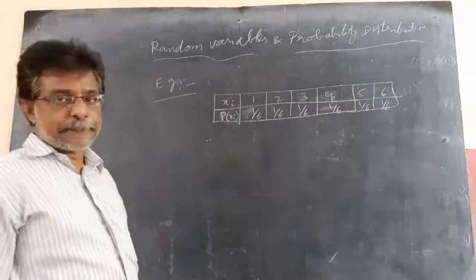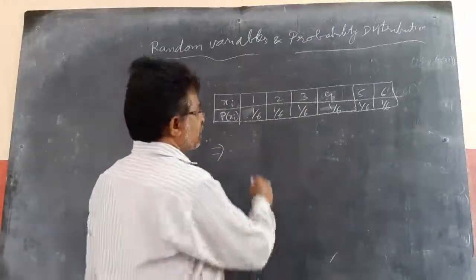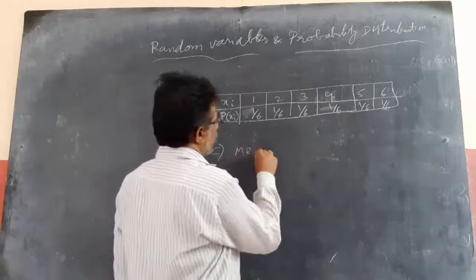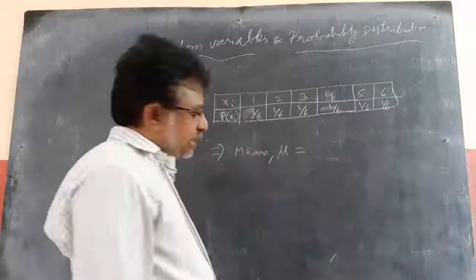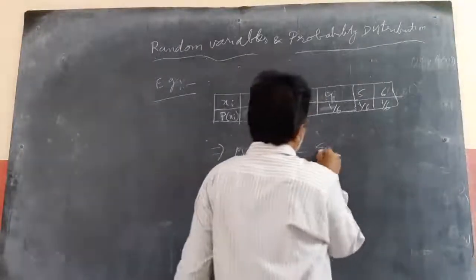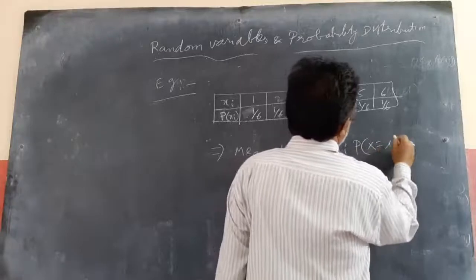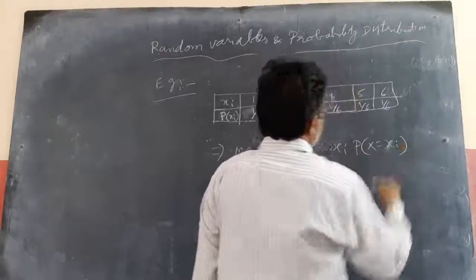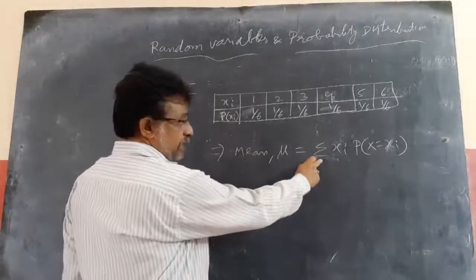This implies, mean is asked first of all. What is mean? Mean mu is equal to E of x equal to sigma of xi into P of xi. Sigma means sum.